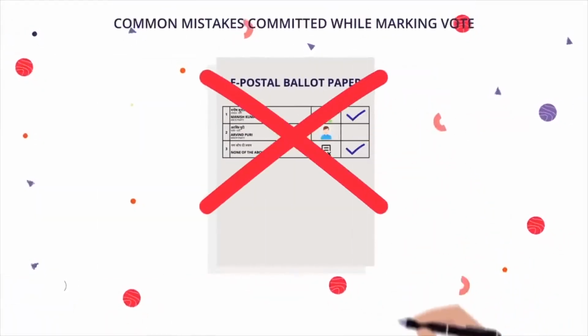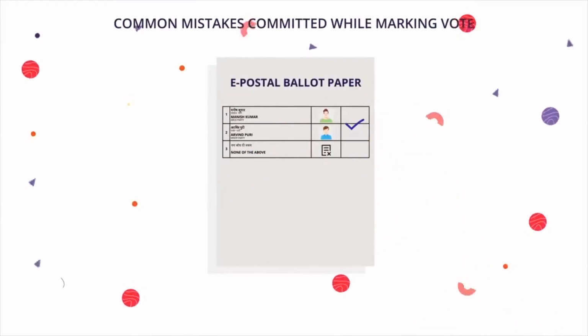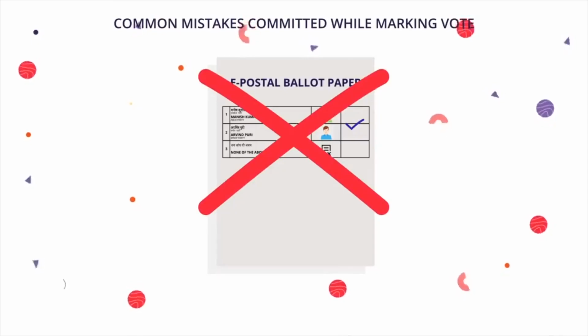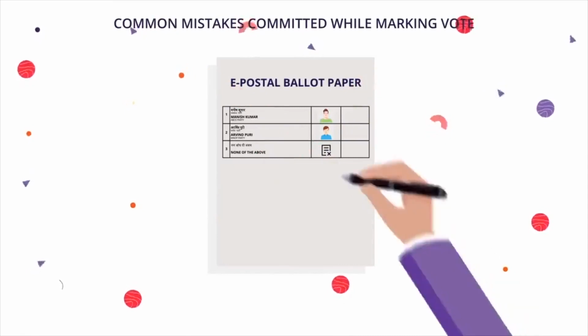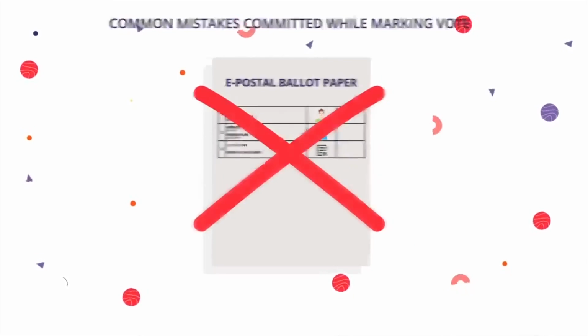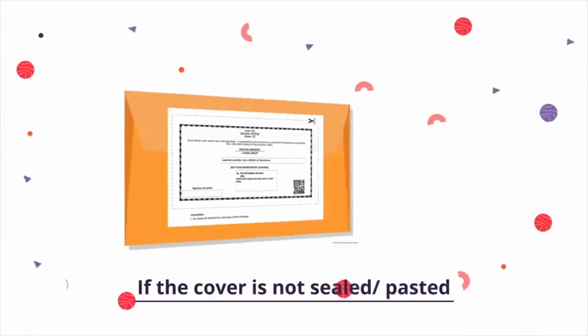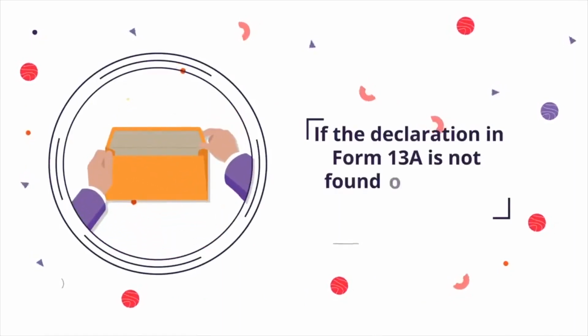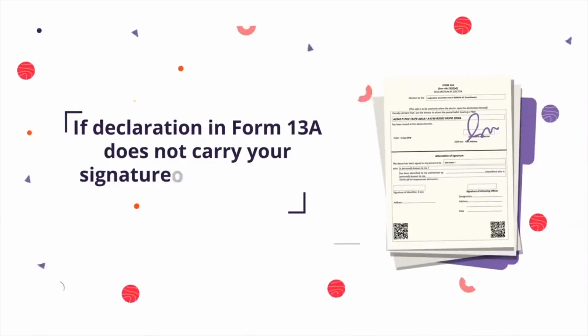For example, if while opening the envelope there is only one form, if the declaration form in Form A doesn't match with Form B, or in a case where the vote is wrongly cast, like a vote cast for two candidates, or it is not properly marked, or the postal ballot is completely damaged, at that point it will be rejected.